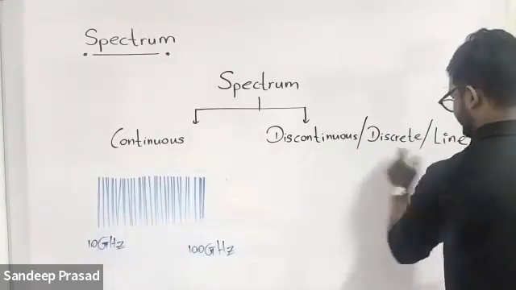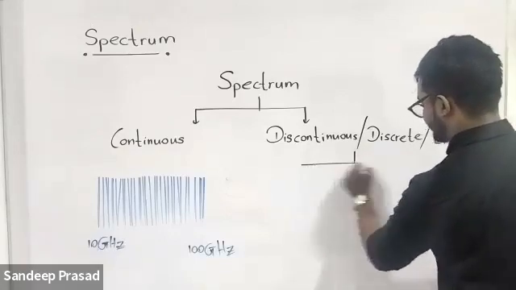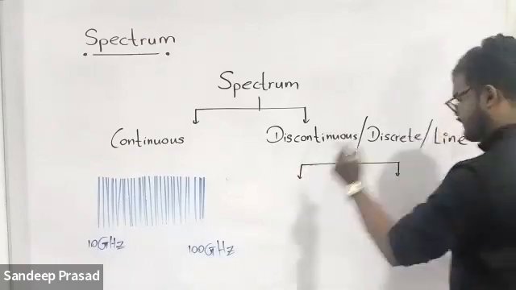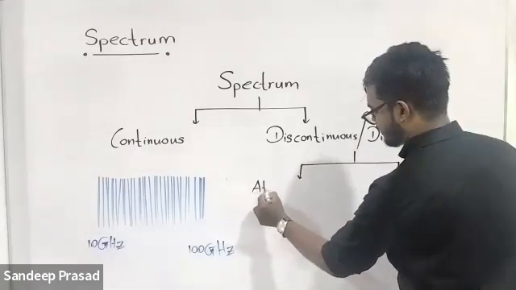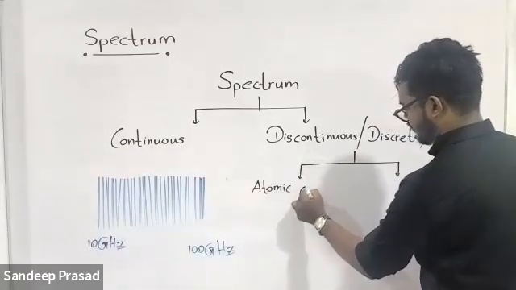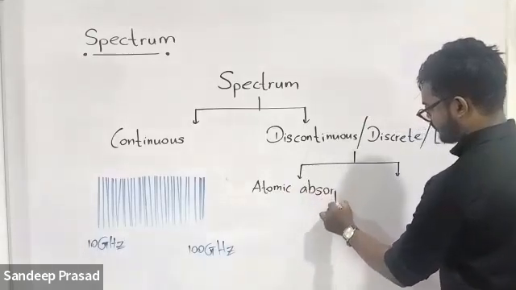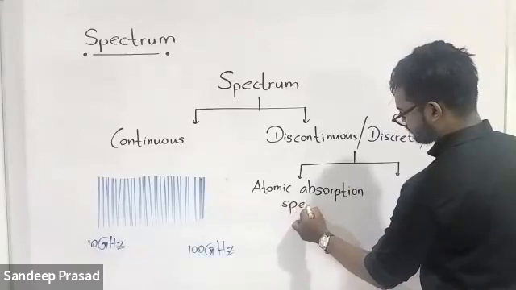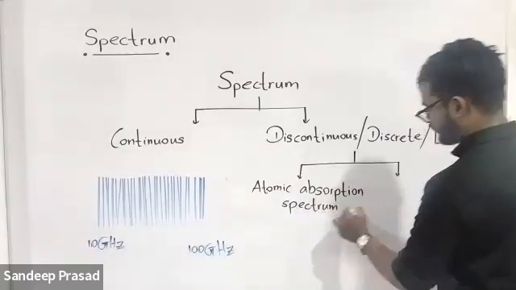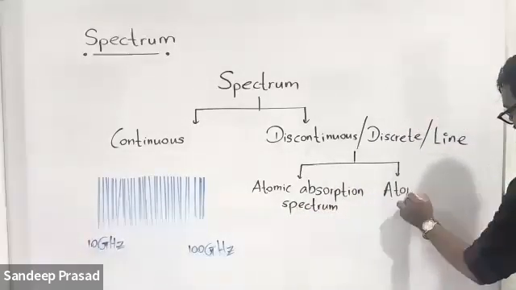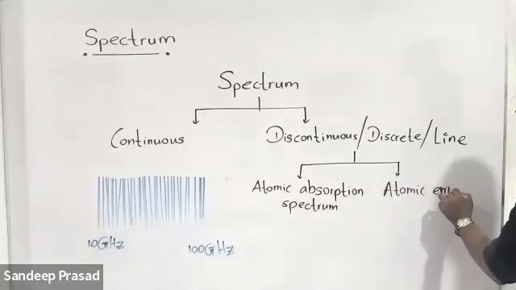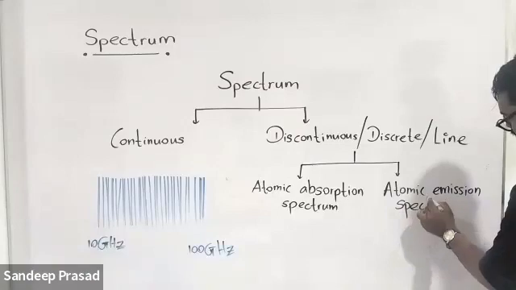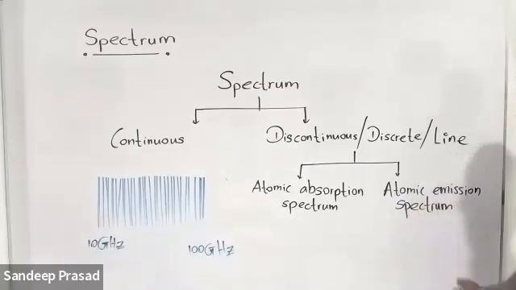Keep in your mind, the discontinuous spectrum can be divided into two parts. Number one is the atomic absorption spectrum. Number two, the atomic emission spectrum. And now we are coming to our topic.